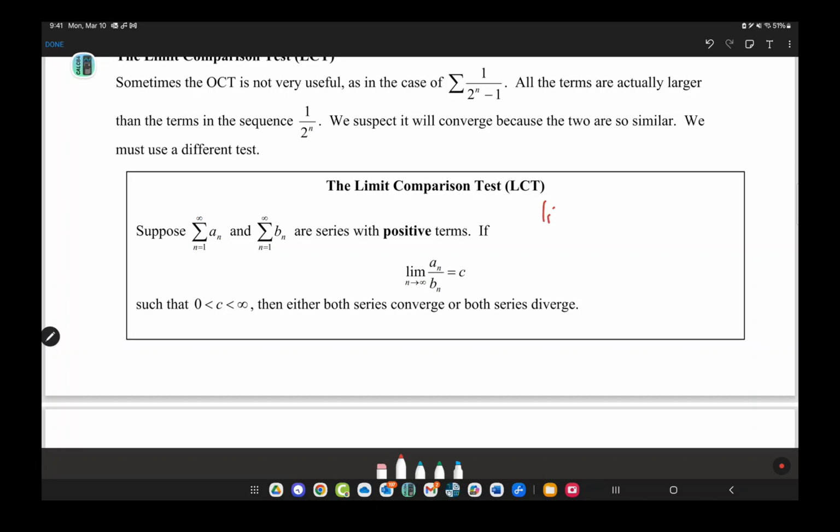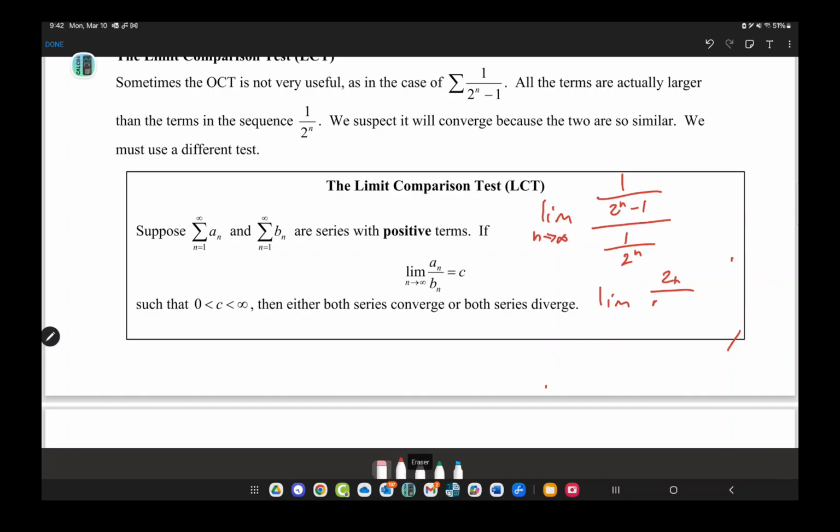What's the limit as n goes to infinity of an, which is 1 over 2 to the power of n minus 1, over 1 over 2 to the power of n. Now, we can rewrite this, right? If you do your keep, change, flip, what are we going to end up with?